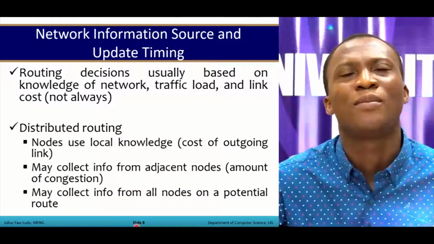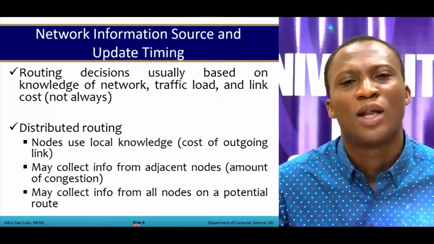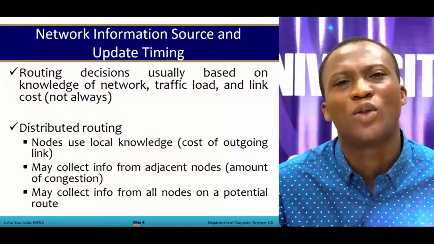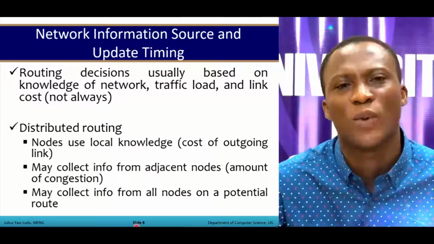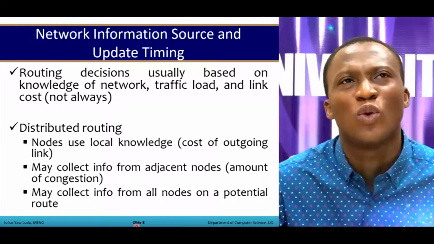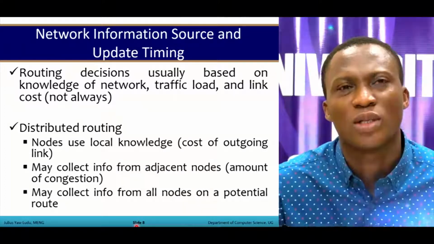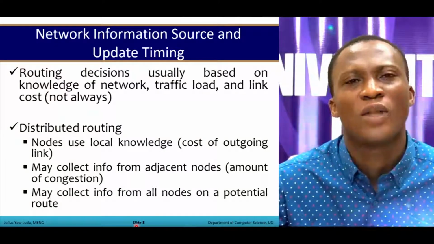Now we want to look at some network information source and update timing. Routing decisions usually are based on the router having knowledge of the network, also having knowledge of the traffic load and the link cost, or what we are calling the least cost or the edge cost.